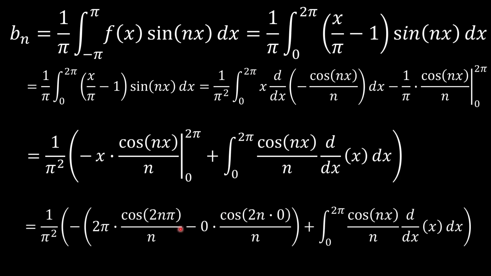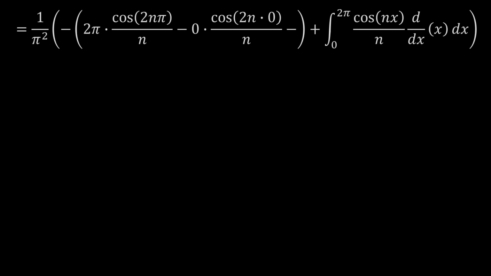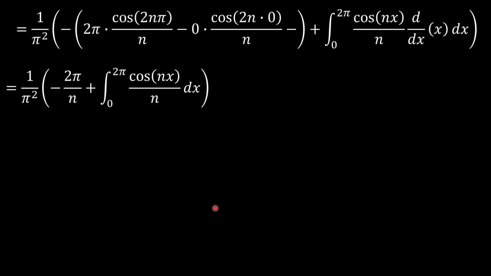Plugging in the 2 pi at the upper limit and 0 at the lower limit, this goes to 0 because of this 0 here. And then here we have 2 pi cosine 2n pi, which becomes 1 over n times 2 pi. So we have 2 pi, and obviously it's negative over n.